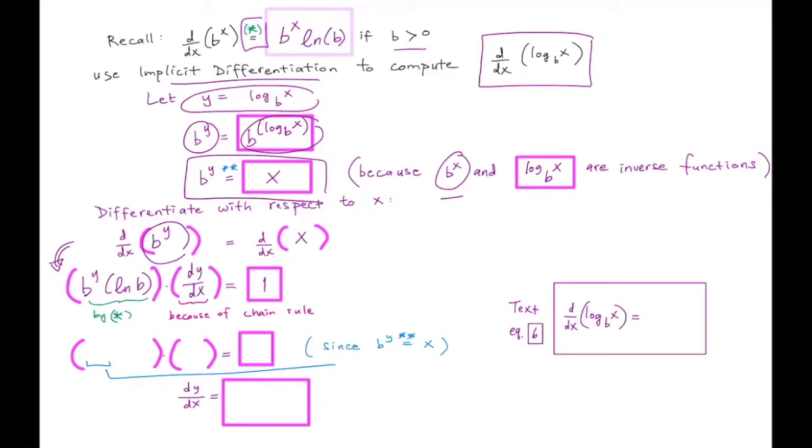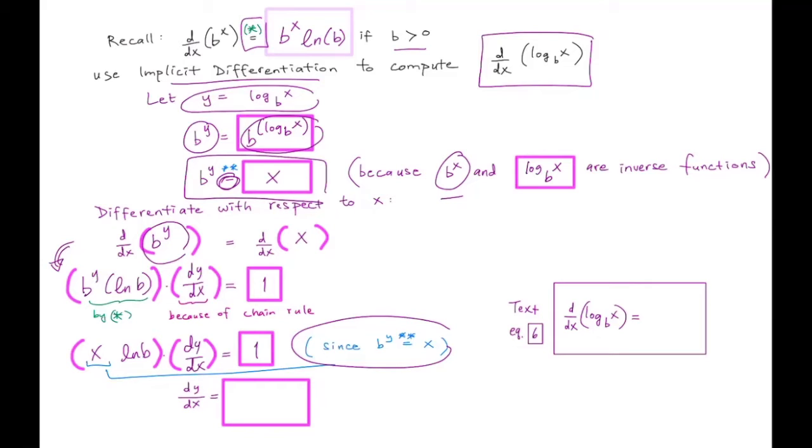Now let's replace b to the y with x, which we know is true because of this quantity here. So I replace b to the y with x, and I write down everything else the same as before.